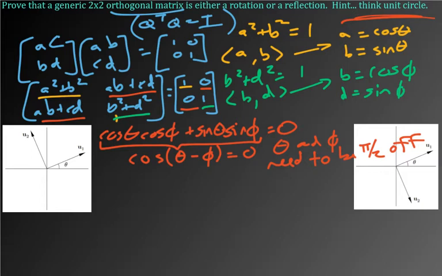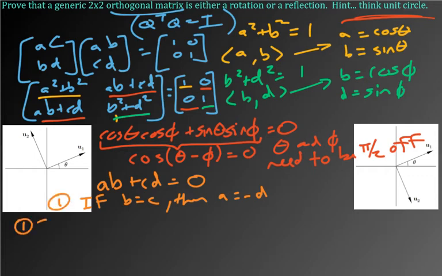If you go back to this AB plus CD equals 0 identification, we're seeing that if B equals C, then A equals minus D. We're doing everything in terms of theta here.